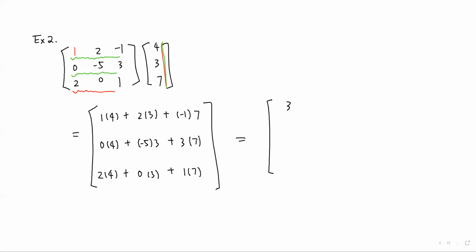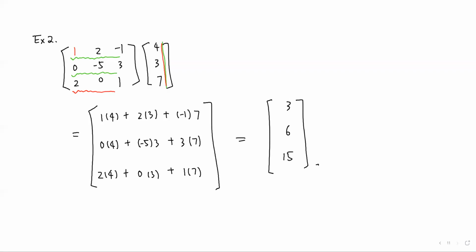It is 6. The third entry: 8 plus 0 plus 7, 15. So this vector is this matrix times this vector. I got the result this time by using the second formula.